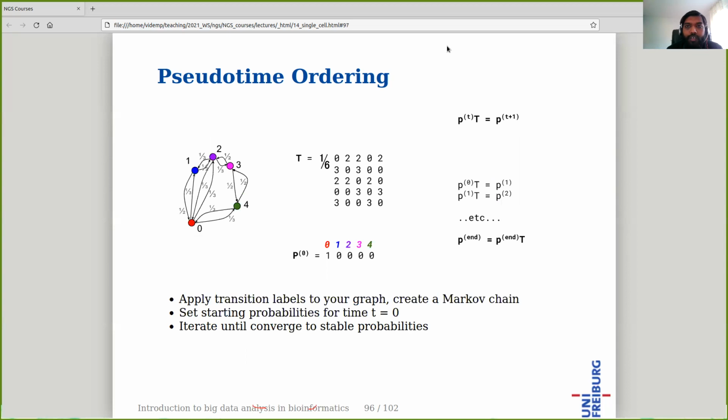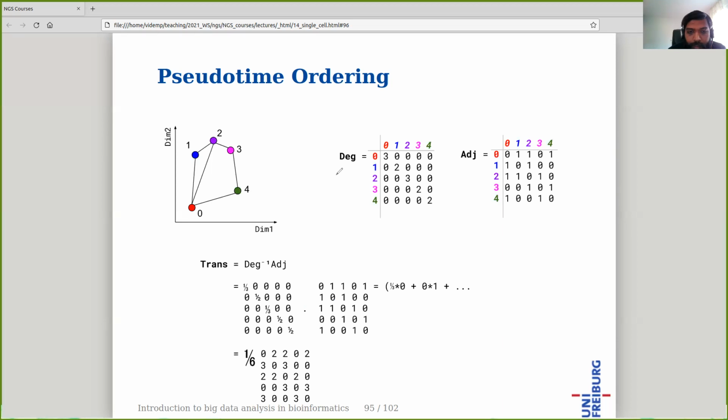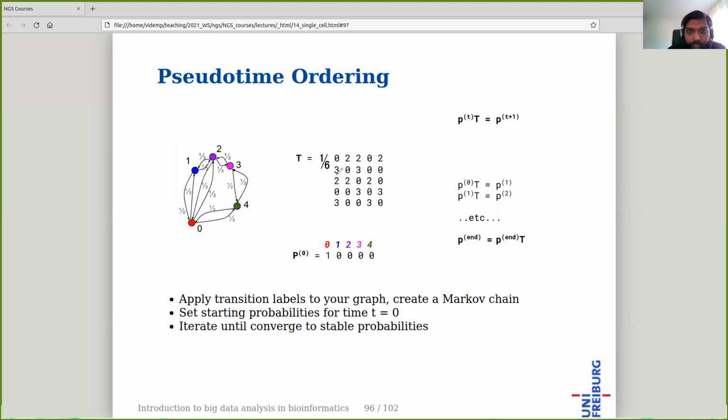Then we use this transition matrix to label your transitions in this graph that we are provided with. And this time we don't have a symmetric matrix anymore, because when you do a matrix multiplication here, what you get is an unsymmetric matrix.